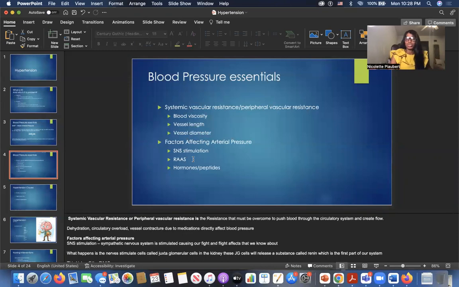And eventually we get angiotensin 2, which is a vasoconstrictor, and the vasoconstrictor either decreases or increases the vessel, and that causes pressure to increase or decrease. And we talked about the hormones that are secreted that send a signal to what the body needs to do at what time.